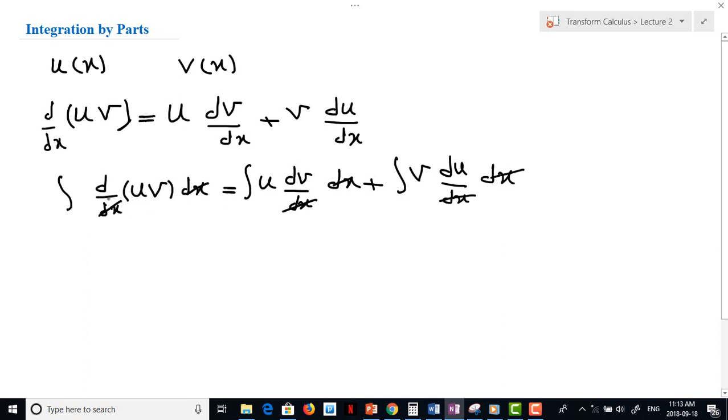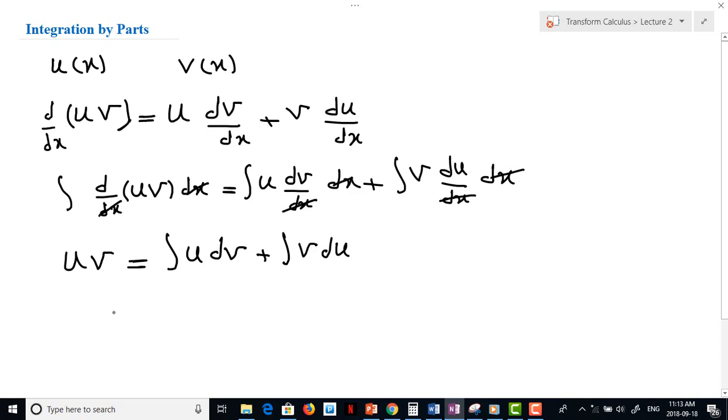So we have the integral of d(uv). The integral of d(uv) is equal to u times v, which is equal to the integral of u dv plus the integral of v du.